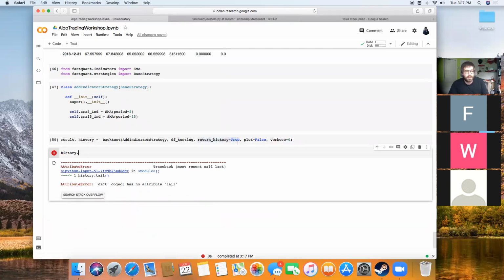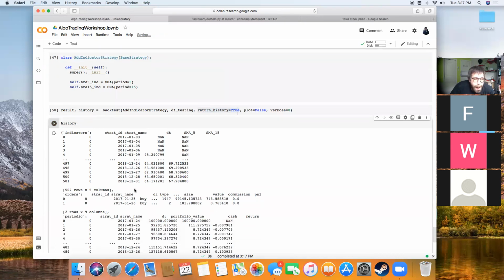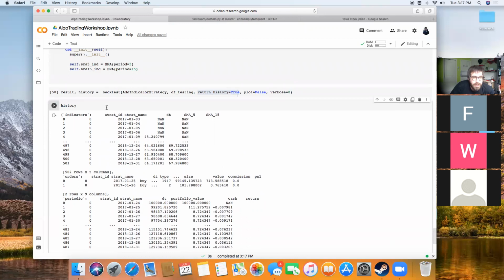Okay, history is a dictionary. Good point. Let's look at history. Okay, so it's a dictionary. Yeah, okay, so we have the indicators here. History.indicators. I think we have to do this, indicators.